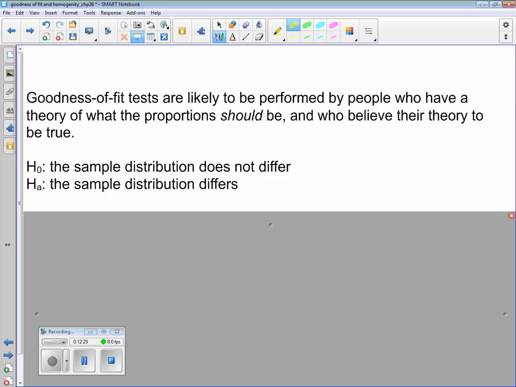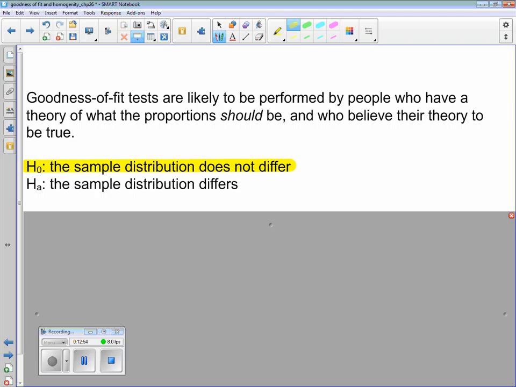When you write the hypotheses, and this might be something that you want to write down, a null hypothesis is really always going to be the sample distribution is not different. It's not different from what? Either the historical one, the one that was provided to us for comparison, or it's not different from each other. It's one of those two scenarios. And again, we'll look at both of those today.